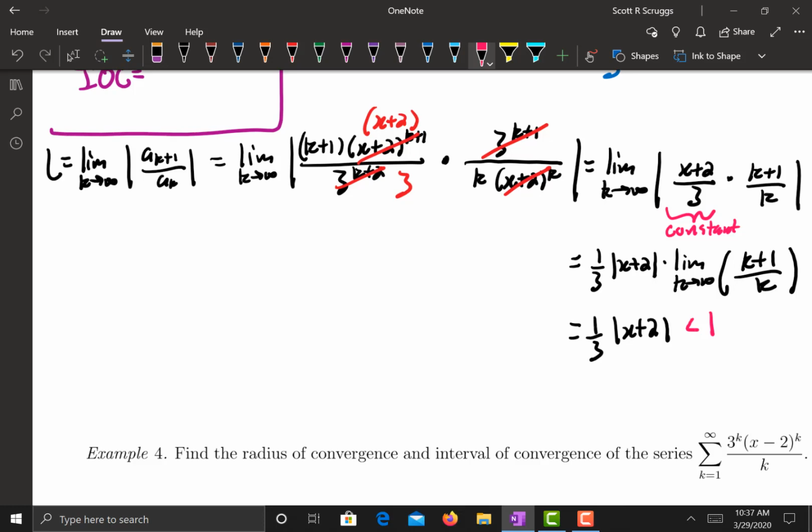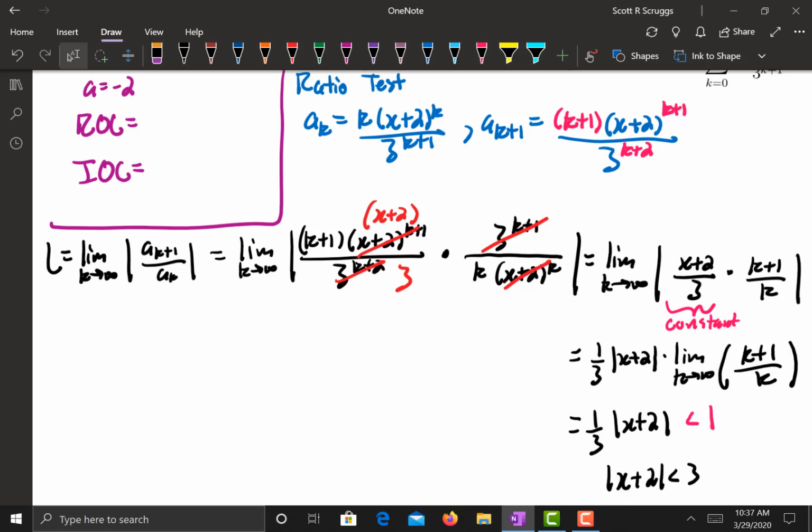So I'm now going to multiply everything by 3 to give me the absolute value of x plus 2 is less than 3. Because -2 is the center of my power series, I now have the distance. Let's rewrite that as x minus -2.